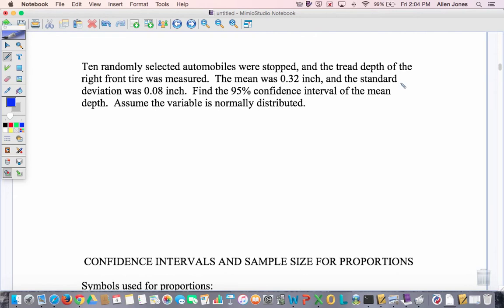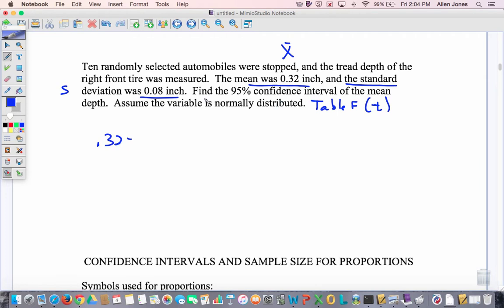Ten randomly selected automobiles were stopped and tread depth of the right front tire was measured. The mean was 0.32. There's our sample mean. Standard deviation was 0.08. There's our sample standard deviation. Sample standard deviation, table F, or a t-score. Find the 95% interval of the mean, assuming normal distribution.